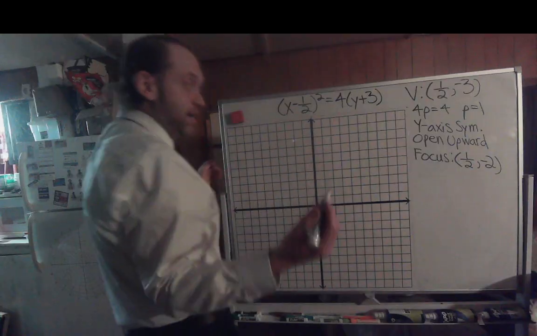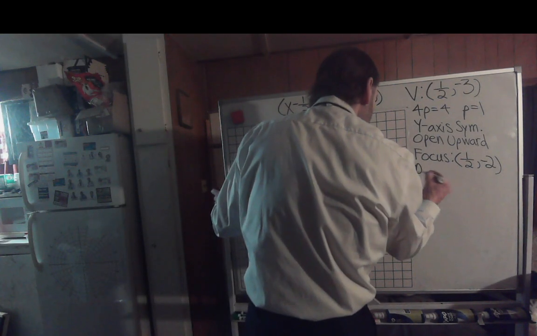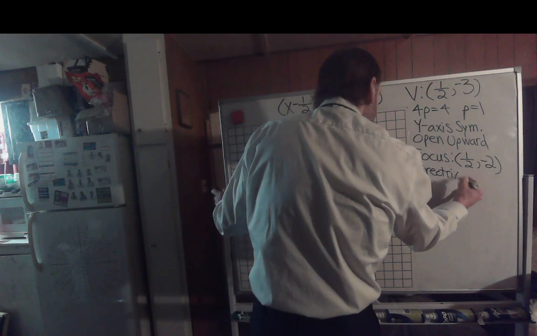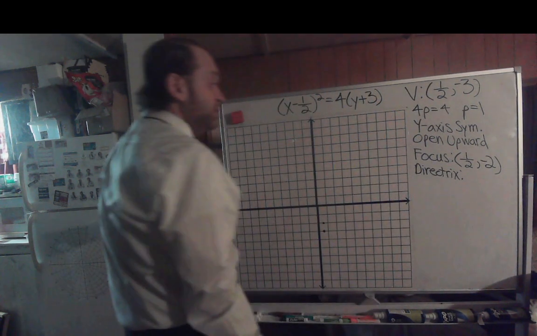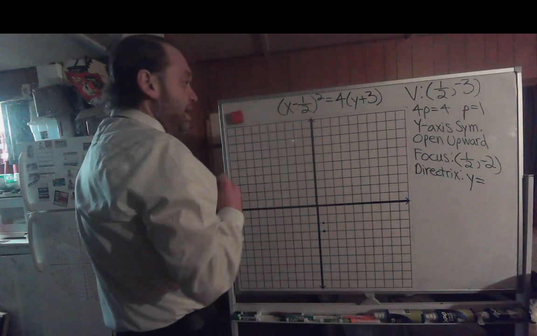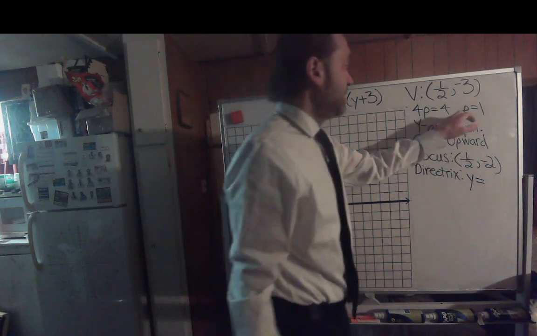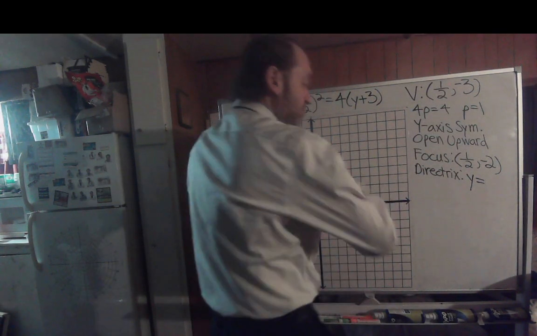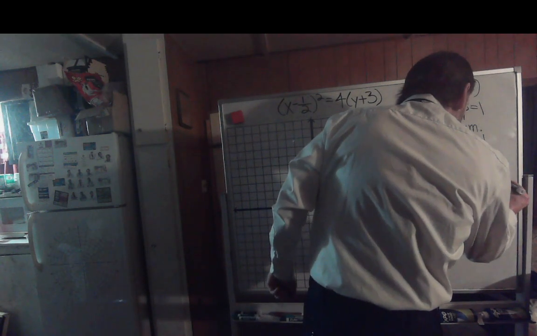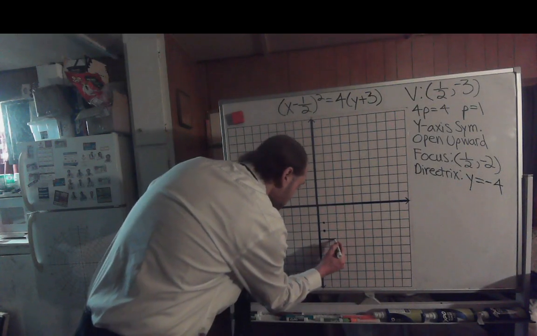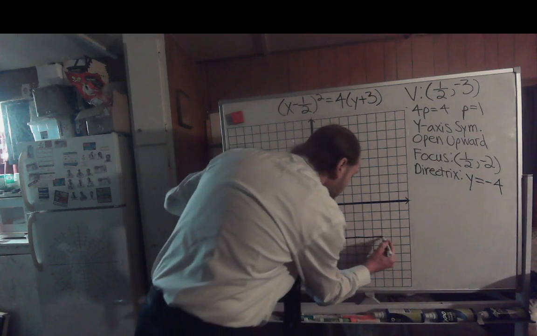Alright, now let's find the directrix. So the directrix is going to be, of course, since it's got y-axis symmetry, in the form of y equals. Now, you take the negative of p and add it to your y-coordinate, so -1 plus -3 would be -4. So your directrix is going to be y equals -4. So that's going to be right down here.